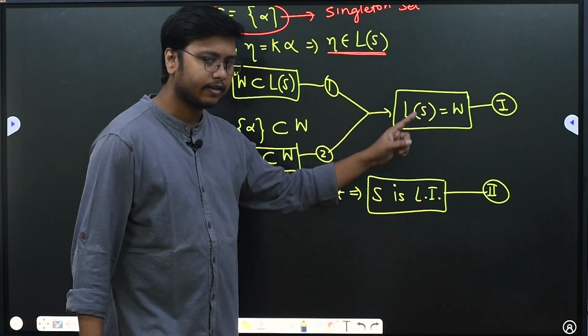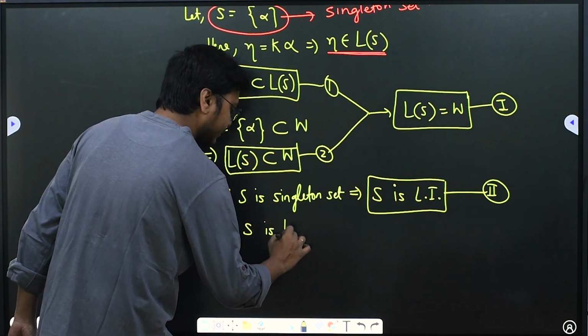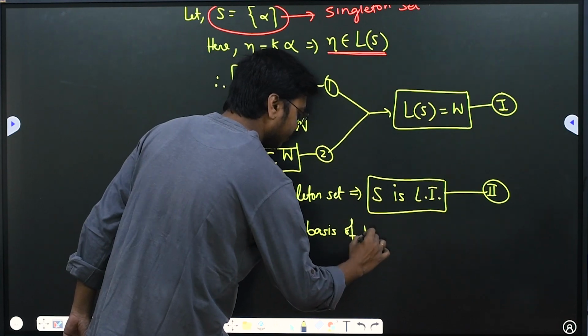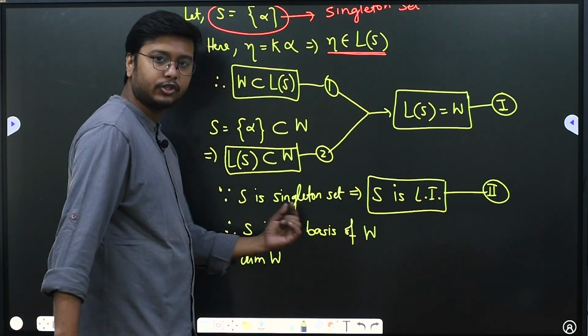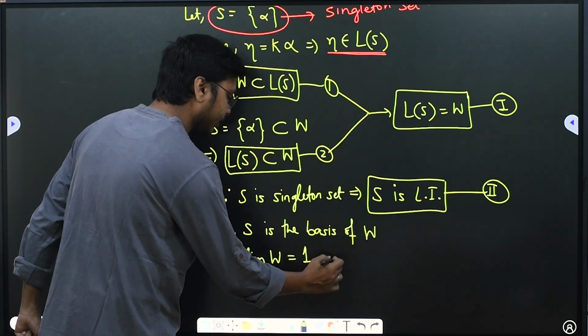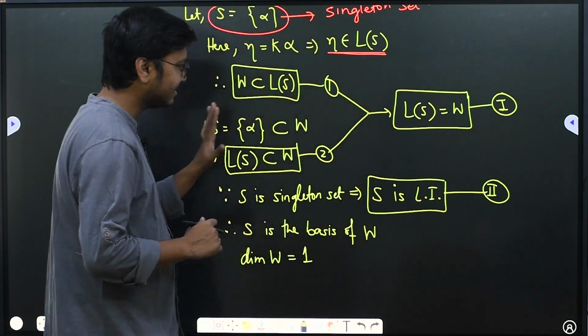So from criteria 1 and 2 I can say that therefore S is the basis of W, and the dimension of W, that would be how much? S contains only one element, so dimension is 1. Okay, so that's the proof, or that's the answer to this question.